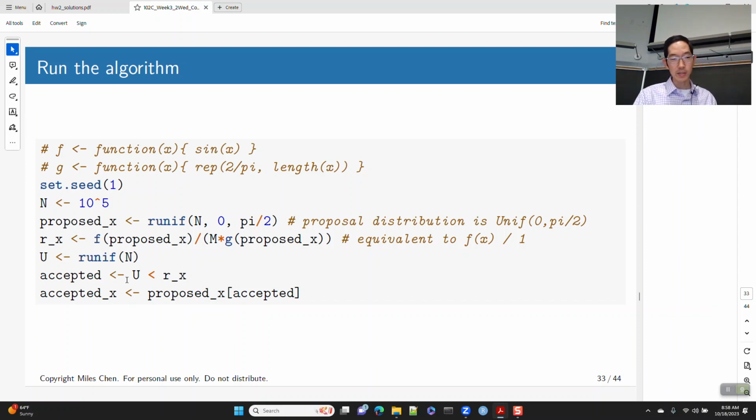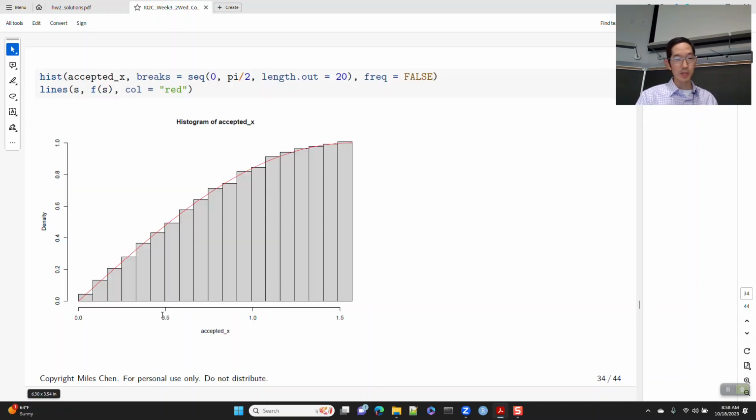And so anyway, we have that, and we will look at which values we accept. And we do this, and indeed we get values that look like the distribution that we want.